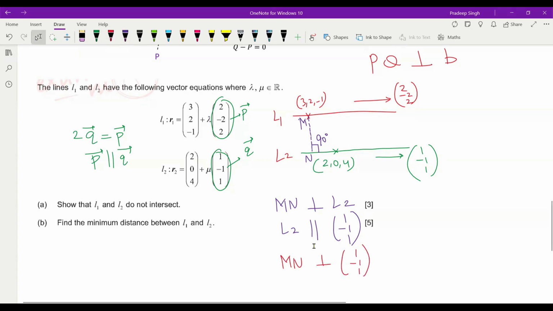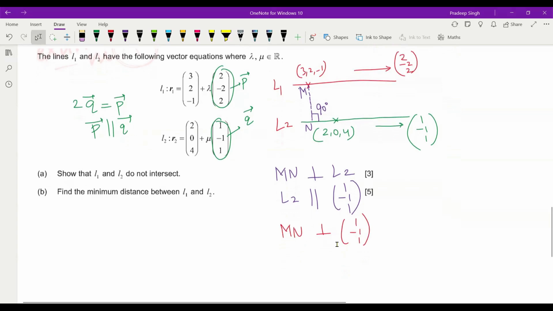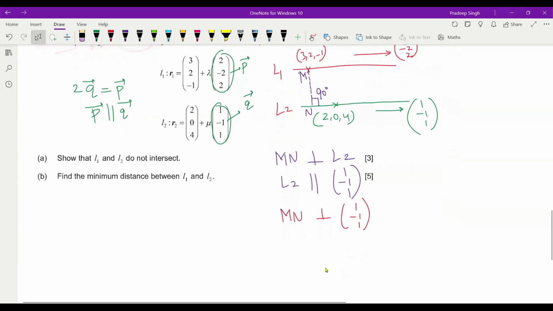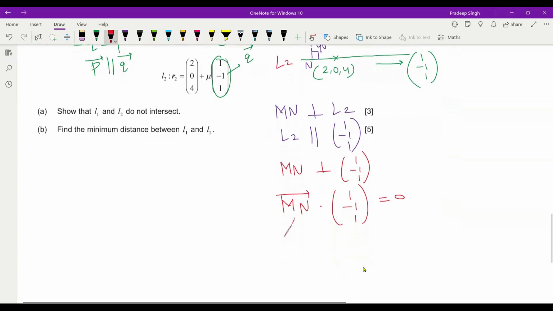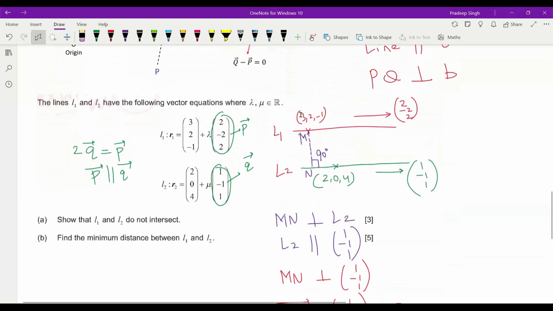Since we have established that these are the two vectors which are perpendicular to each other, we can take the dot product and put that equal to 0. So MN dot (1, -1, 1) should be equal to 0. And how do we find MN? You split it apart into N minus M. Now M is that point (3, 2, -1). This is the point already lying on L1.